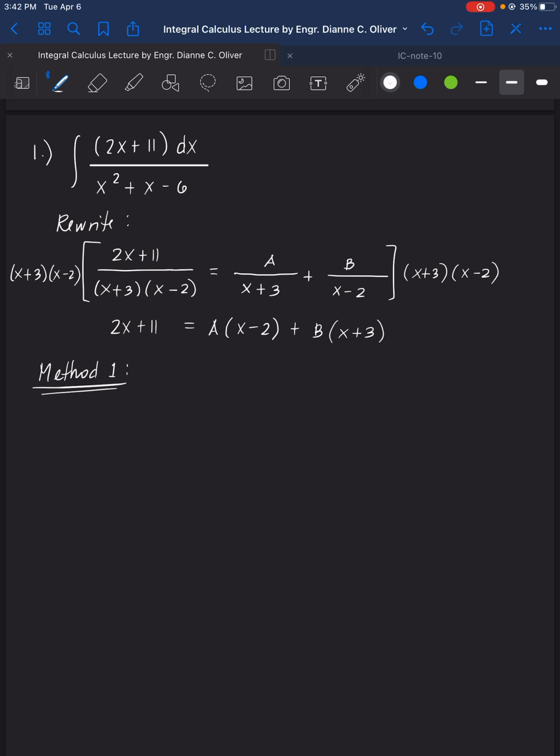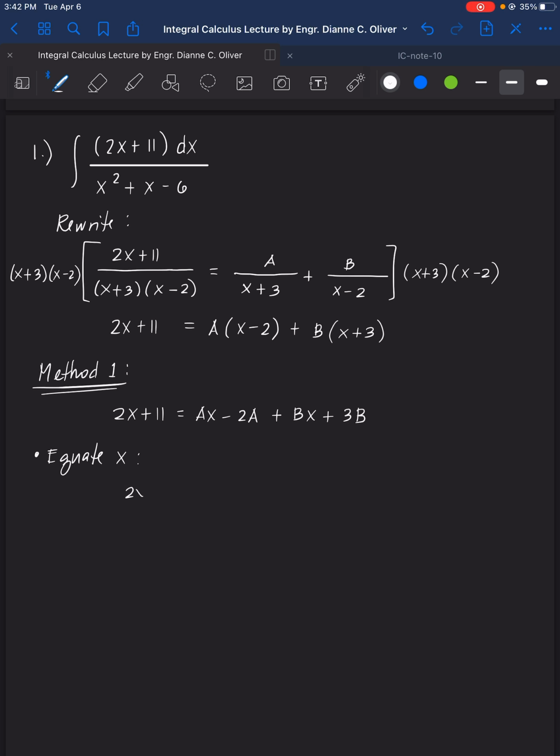We have 2x plus 11 is equal to, distributing, Ax minus 2A plus Bx plus 3B. Then let's equate the x terms, taking all terms with x.